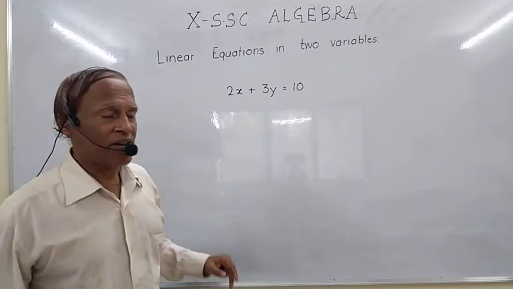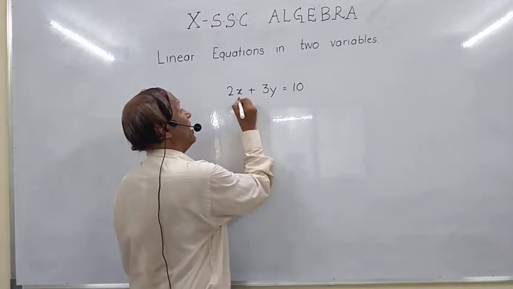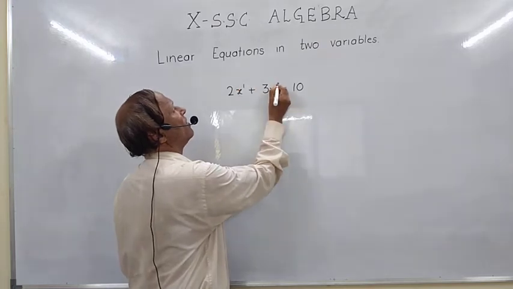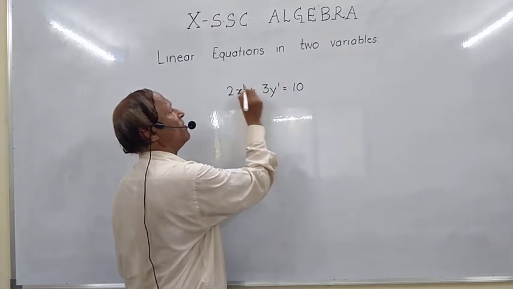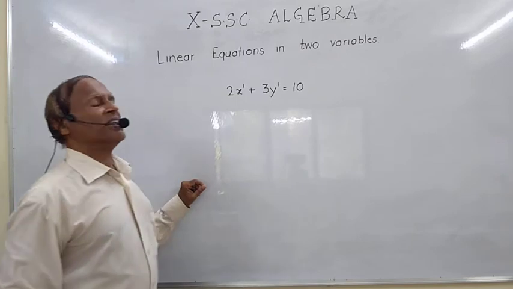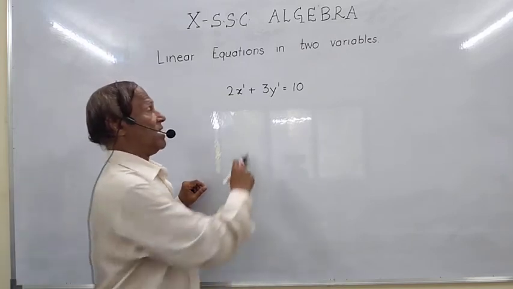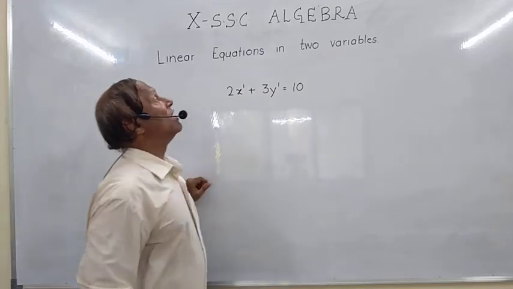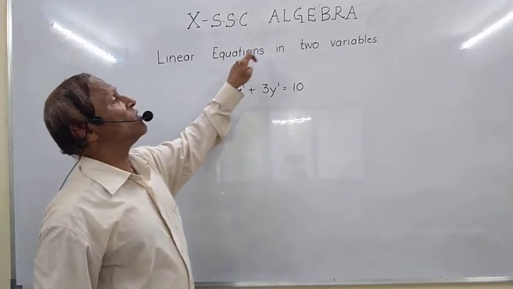Why will it be linear? Because variables x and y both have degree 1. If they have got power 1, then it is called a linear equation. And since there are 2 variables x and y, it is a linear equation in 2 variables.